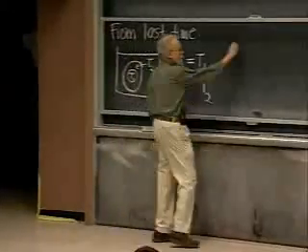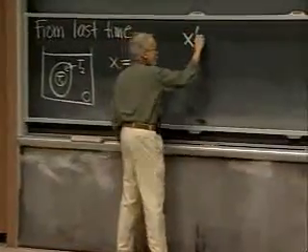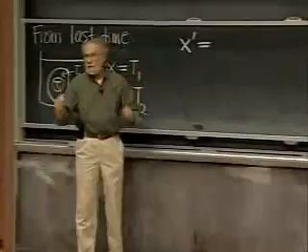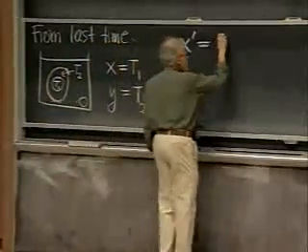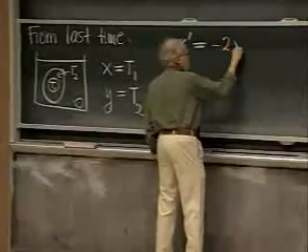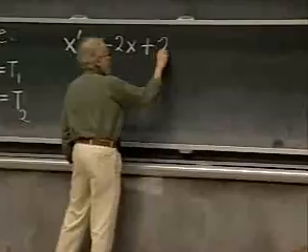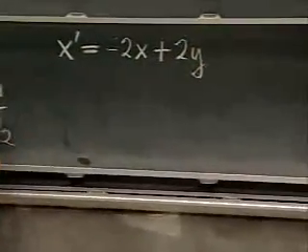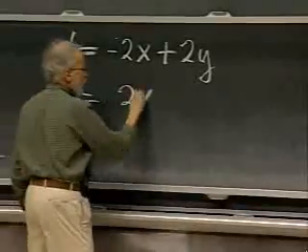the system was in terms of these variables, the system that we derived using the particular conductivity constants 2 and 3 respectively. The system was this one: x prime equals minus 2x plus 2y, and y prime was 2x minus 5y.